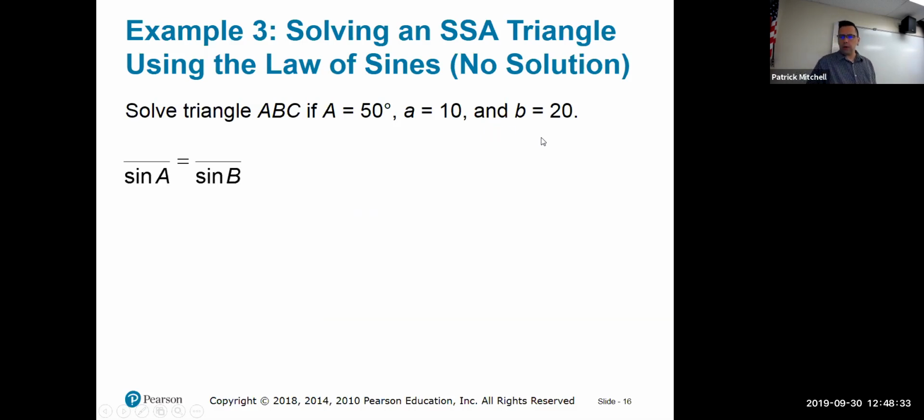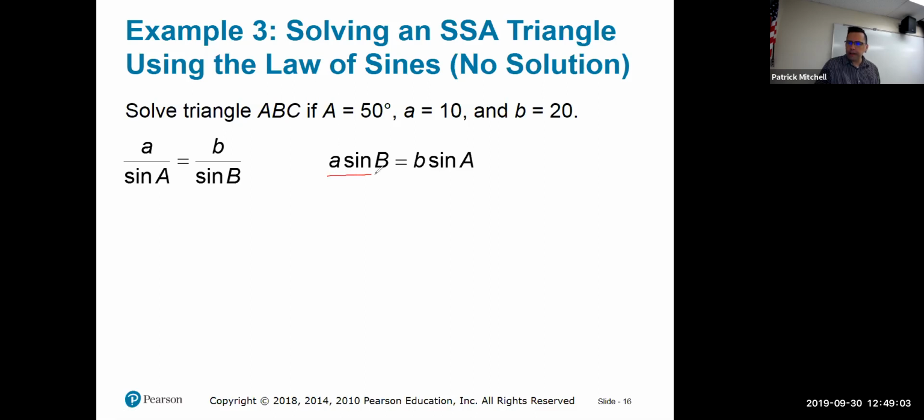I'm going to use this proportion, because I have everything I need about A, and I have side B, so that should be enough to complete this proportion. As usual, we cross multiply, and since I don't know angle B, I am going to solve this equation for sine B.